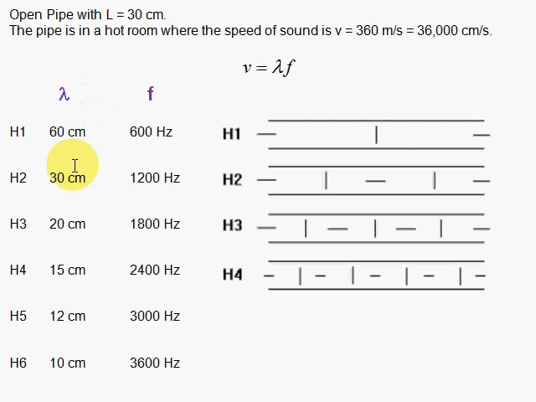Now be careful, I have centimeters here, so let's get the speed in centimeters. 1 meter is equal to 100 centimeters, so I put 2 more zeros on the end to get 36,000, and that gives me centimeters per second. Doing that gives me a realistic fundamental frequency, because if I have the wavelength and I have hot air with the speed given, I am forced to a conclusion as to what my fundamental frequency should be.